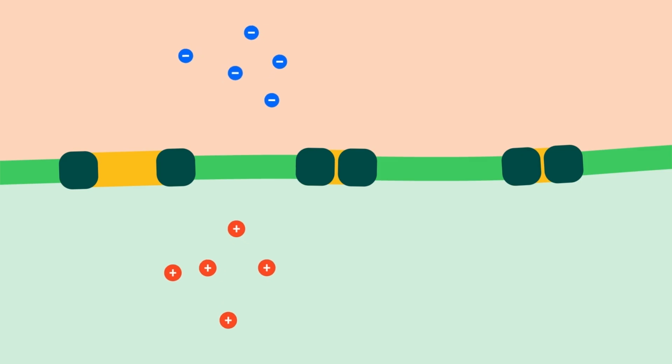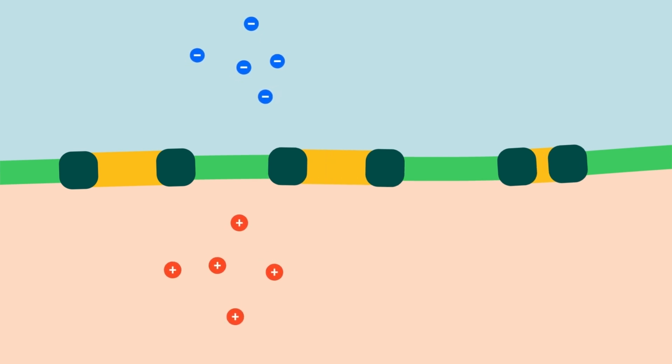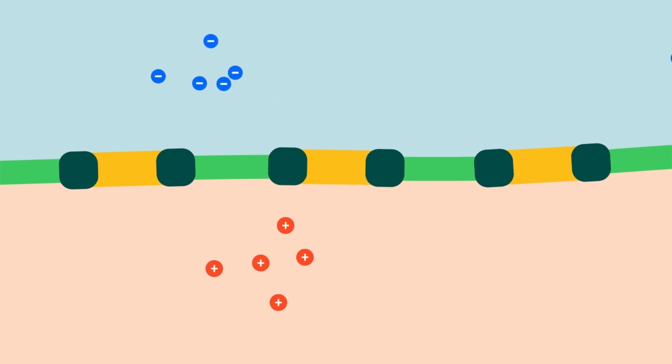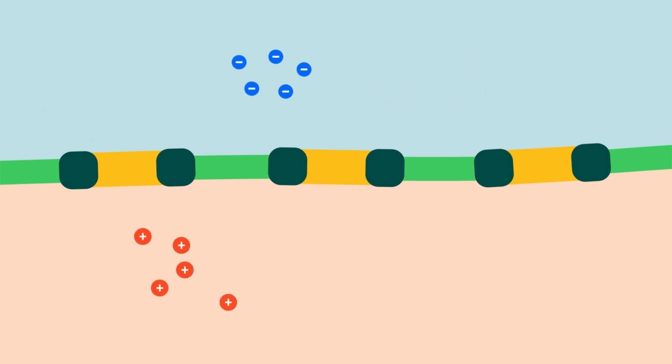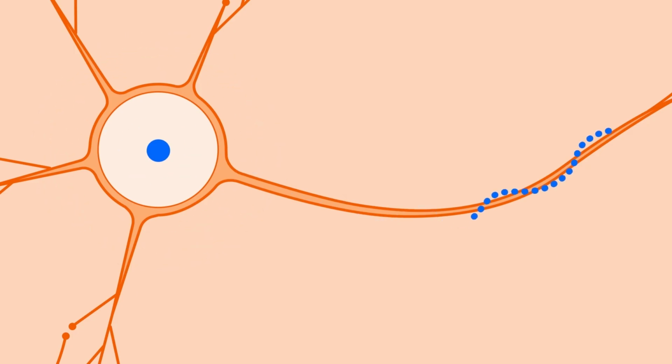The increase in the number of positive charges inside the neuron causes the other channels to open as part of a chain reaction that allows the charges to travel along the axon. This electrical current that travels along the axon and its frequency represent the nerve signals.